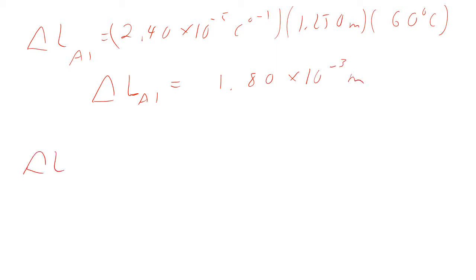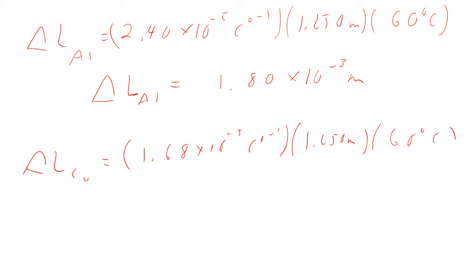The change in length of the copper rod is going to be 1.68 times 10 to the minus fifth inverse Celsius degrees times 1.25 meters times 60 degrees Celsius. So the change in length of the copper rod is going to be equal to 1.26 times 10 to the minus 3 meters.